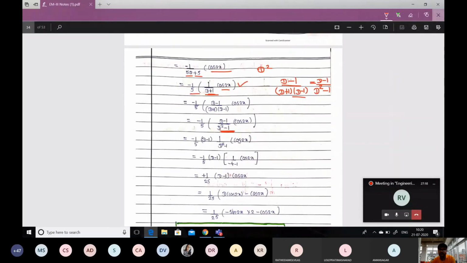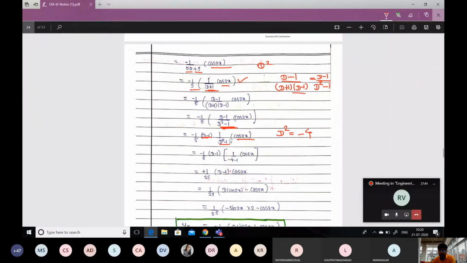And now we take this D minus 1, we will operate it later. First we will operate 1 upon D square minus 1 in this case. So I'm taking D minus 1 outside, and I'm operating 1 upon D square minus 1 on this cos 2x. So we have to replace the D square term by what? The coefficient of x, its square, that is 4, and negative sign, so minus 4.